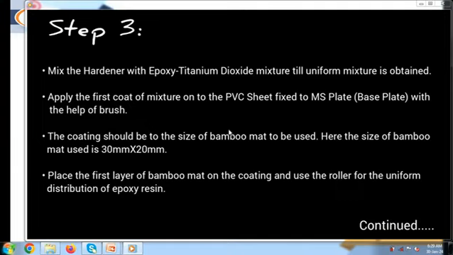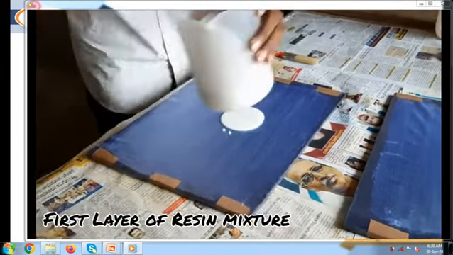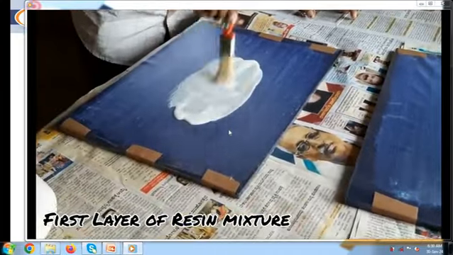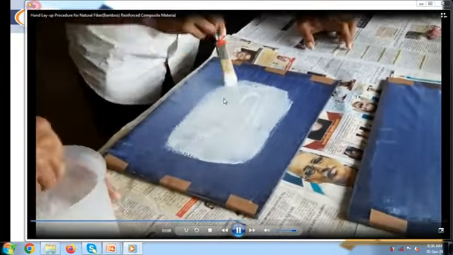Now we are applying the first layer of epoxy and the filler material on this MS sheet. Here we are applying this epoxy resin thoroughly.